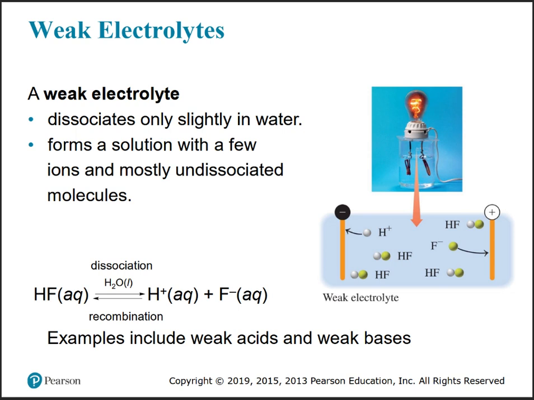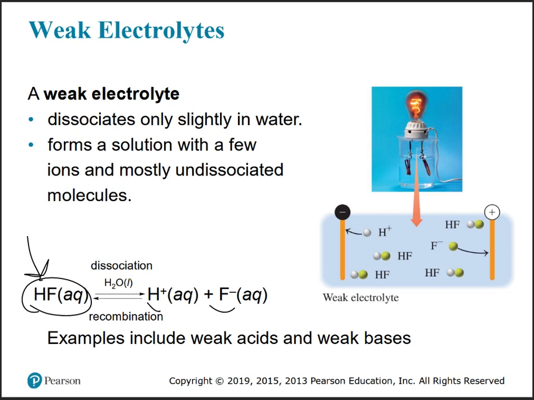So you'll form a few ions, but most of the acid is going to be in the undissociated form. So if you have hydrofluoric acid, you'll get a tiny, tiny little bit of hydrogen, a tiny, tiny little bit of the fluoride ion, but most of the molecules will be intact hydrofluoric acid.